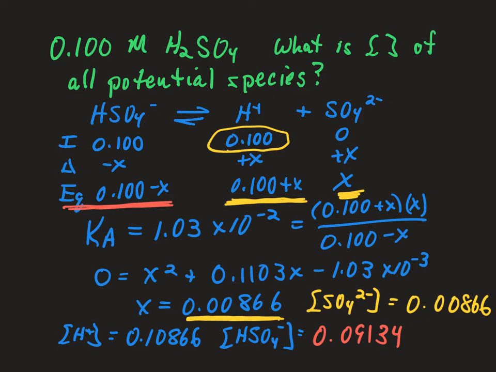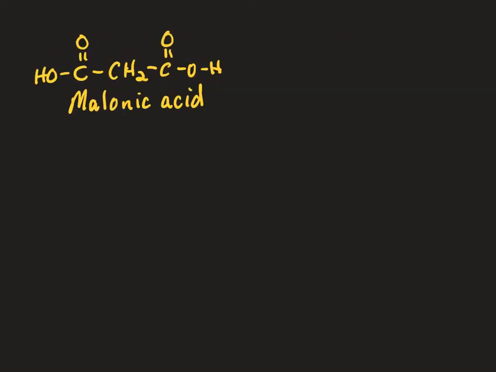So we should be able to do that with basic diprotic acids. Here we did one where the first dissociation was a strong acid, the second dissociation was a weaker acid. Now we'll do one where both are weak, but still the first one is stronger than the second one.